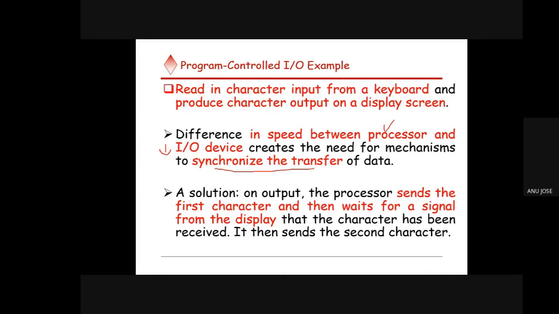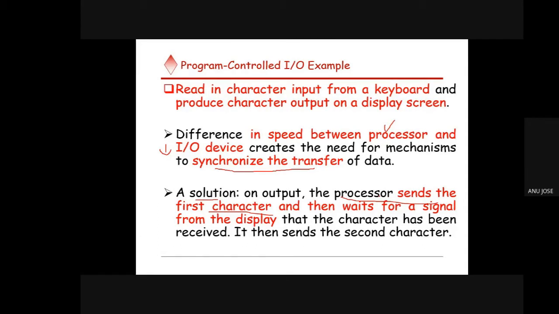What is one solution they have developed? First the processor will be sending the first character. It is just telling about the output device. First the processor has a value that I have given from my keyboard, which was stored in the processor registers, and from there it is trying to transfer into the output device. How will it be transferring?